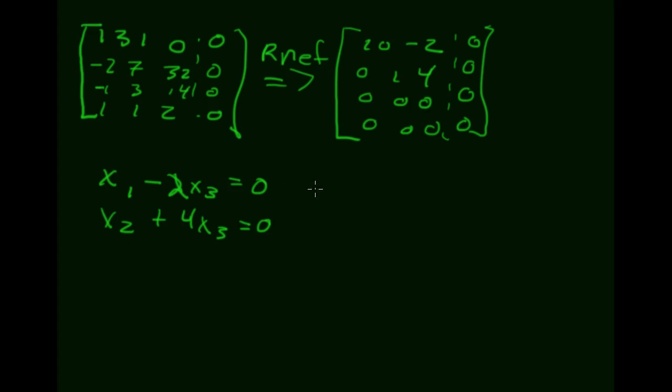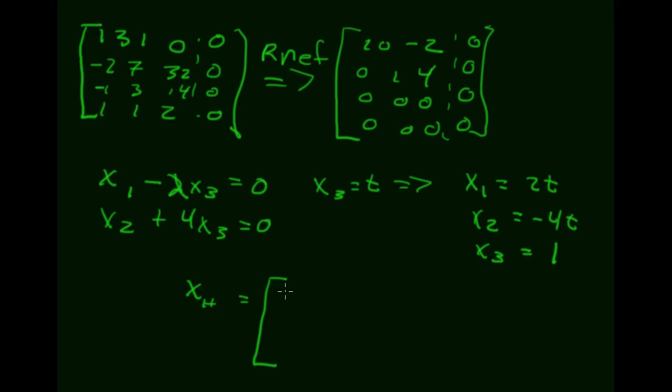So if I'm solving this, I would normally let x3 equal some parameter t, which would now make x1 equal to 2t, x2 equal to negative 4t, and x3 equal to t. So the homogeneous solution here is going to be t times (2, negative 4, 1).